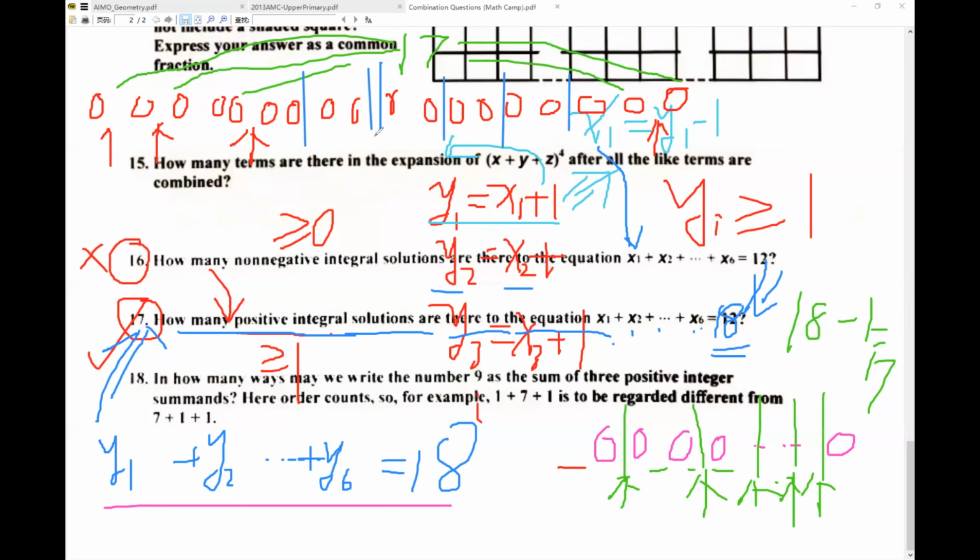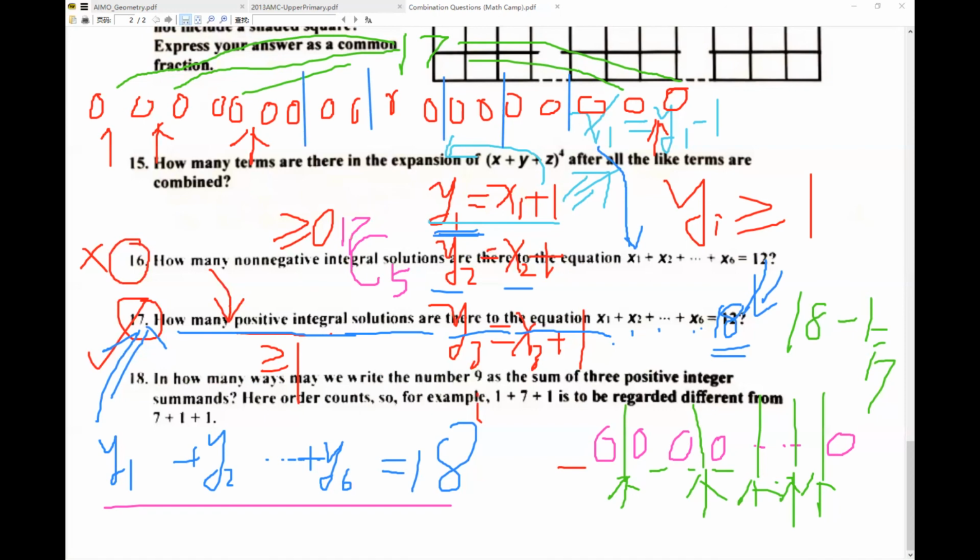If you put them together, between them would be 0, but all the y is at least 1. So all are separate. How many different combinations are there? That's choose 5 gaps from the 17.